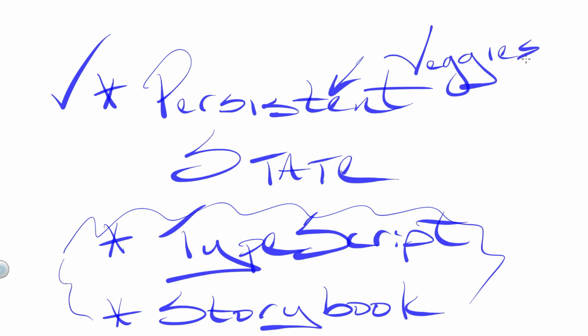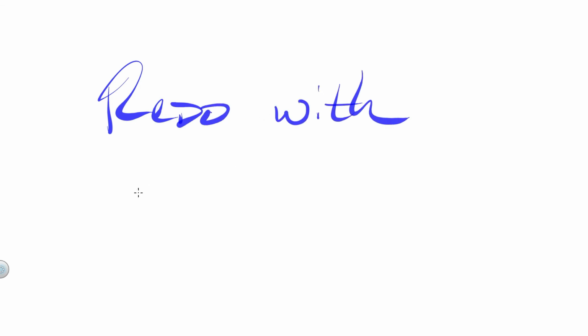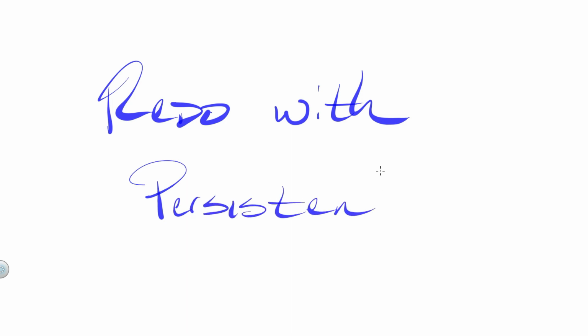So I will eat my veggies first to work out the persistent state, and then we will essentially redo it all with TypeScript and Storybook to have some fun. So that's the scoop. So next item up for me is to create an app, redo it with persistent state.